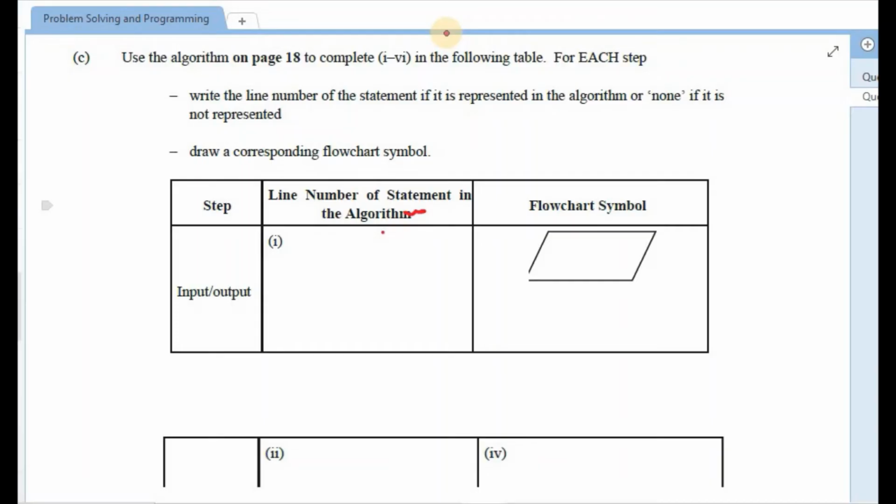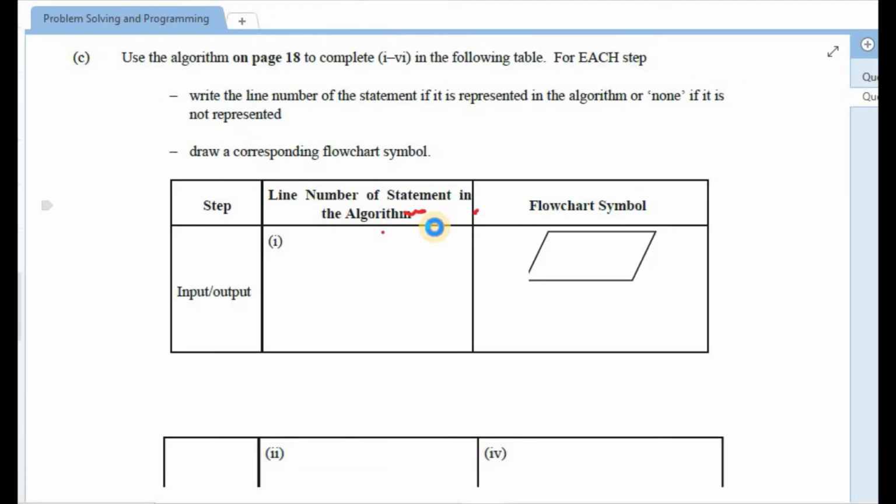And then the second criteria is that we're expected to draw the corresponding flowchart symbol based on that line that matches with the step that is given. So the first step that they gave us is input or output, and they are asking which line can we locate an input or an output.